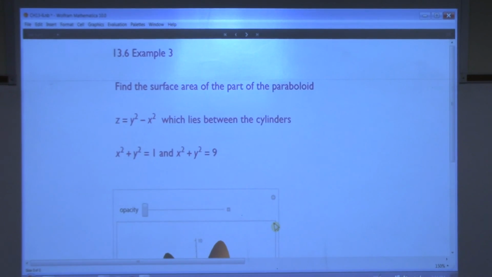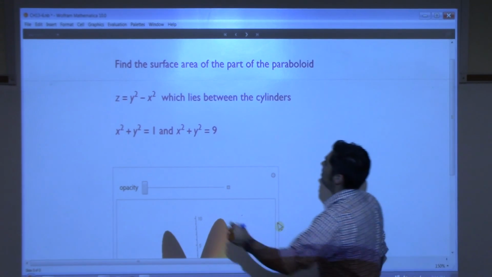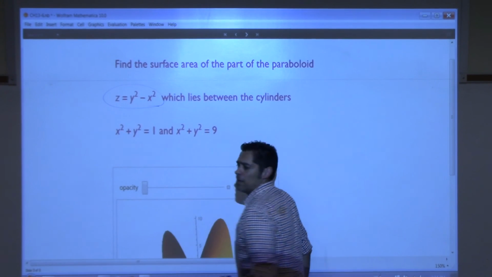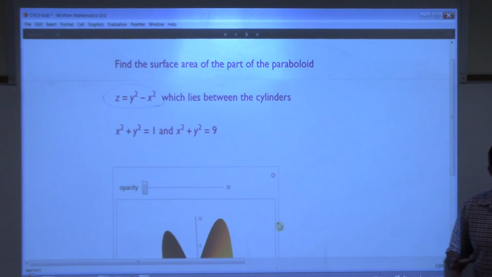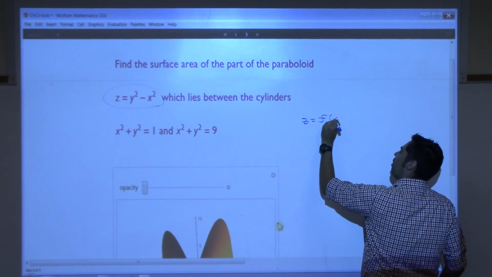So when we look at it, we ask, okay, how do we draw this surface? Well, this is the surface, right? We've got some restrictions, but that's basically the surface. So I know that the z there is a function of x and y.